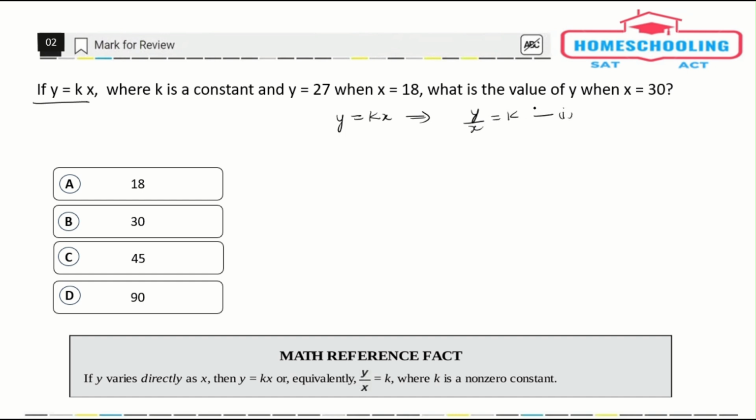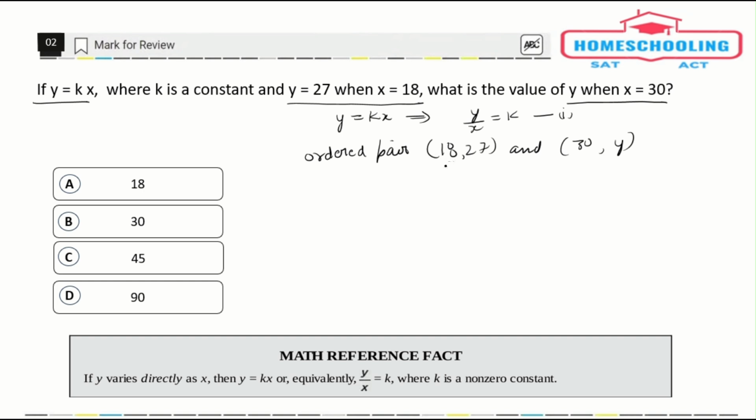Let's take this as equation 1. And we have two pairs here, one here, and there's one more pair here. So let's write down the ordered pairs here. So the xy values would be, if x is equal to 18, then y is 27, and when x is equal to 30, we don't know what the value of y is.